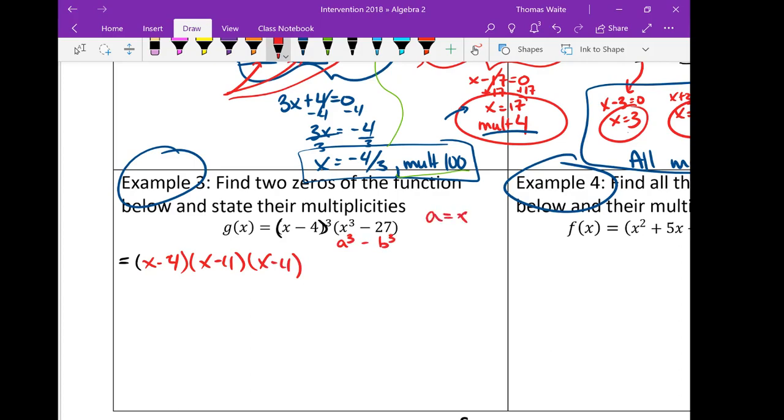Here a would be x, b would be the cube root of 27, which is 3, since 3 times 3 times 3 gives me 27. And then that splits up into 2 terms: a minus b, which is x minus 3, and a squared, which is x squared, plus ab, which is 3x, plus b squared, which is 9.